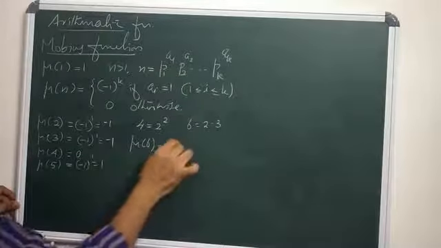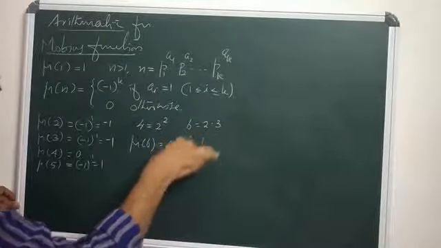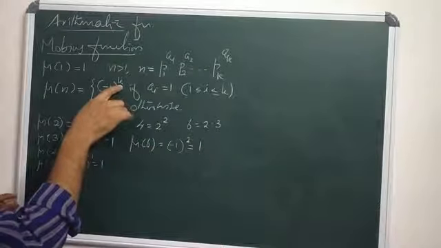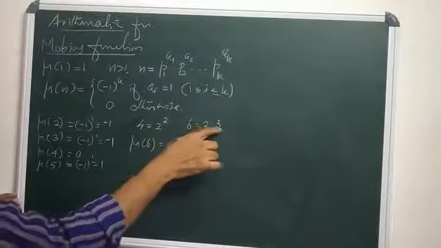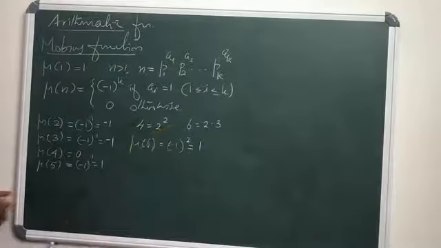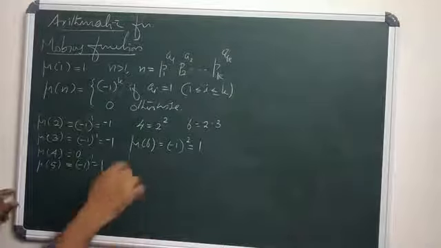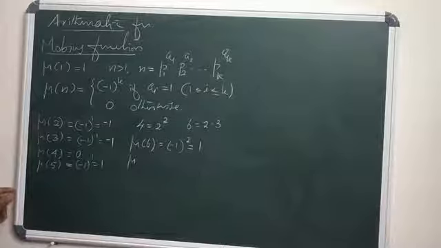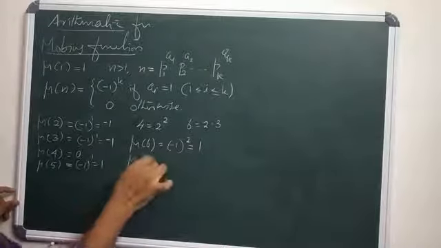So mu of 6 equals minus 1 whole square, which equals 1. Why? Because k here is 2, with p1 and p2. Mu of 7, again it's a prime, so its value is minus 1.